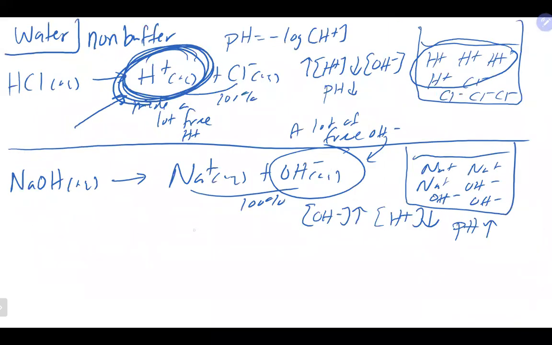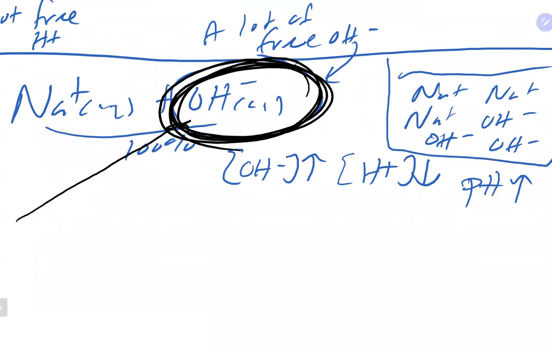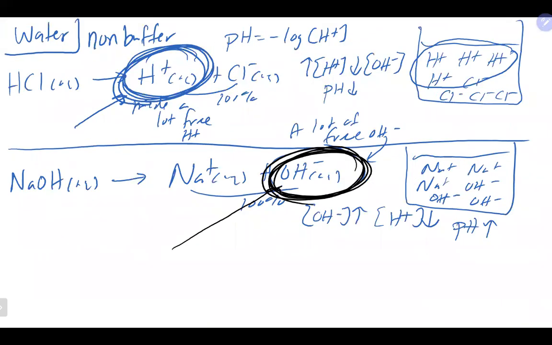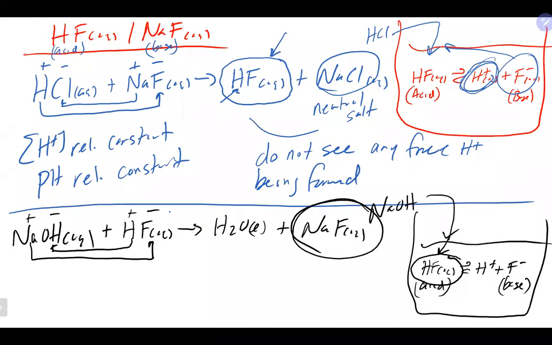What we do not see that we saw with water is, when we added the base to water, we made a ton of OH minus. In this case, when we added that base to our buffer, we made basically water. The OH minus got tied up there in water. So what we do not see here is a lot of free OH minus.